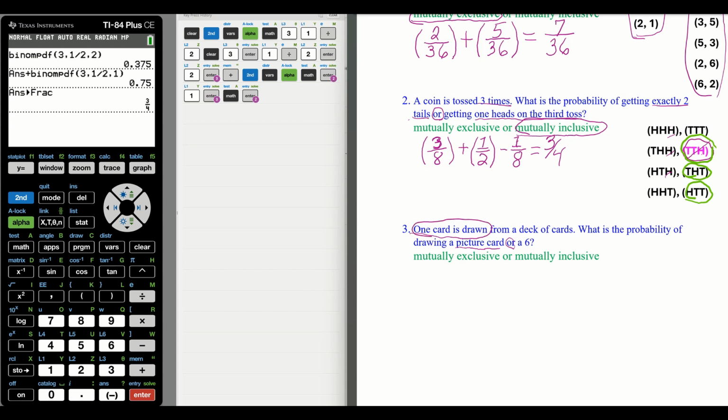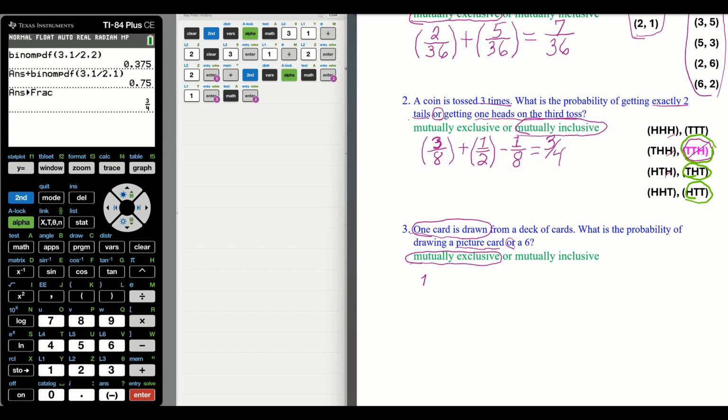Either it's going to be a picture card or it's going to be a number. So we don't have any repetition. So without repetition, this is mutually exclusive. We only have one event, but we're measuring two different possibilities, one or the other.